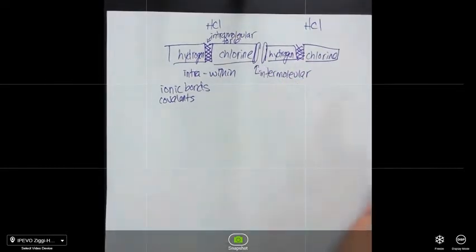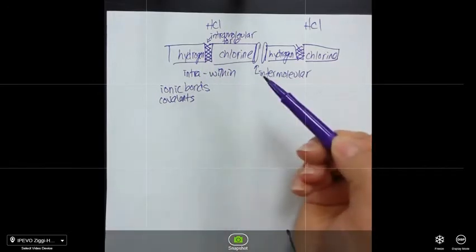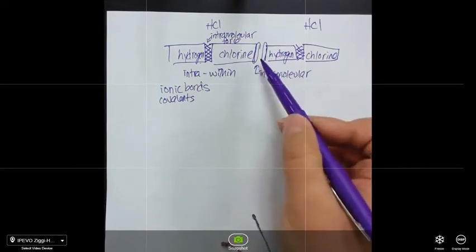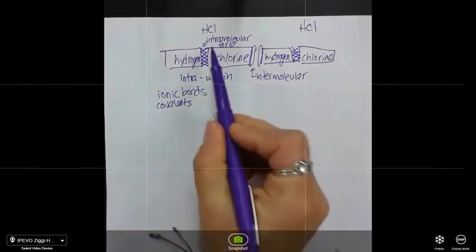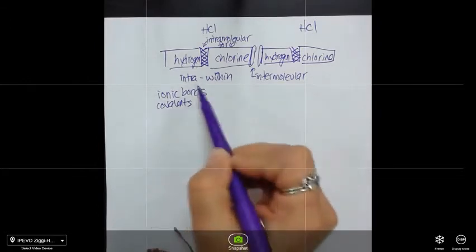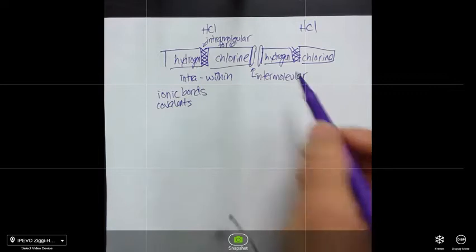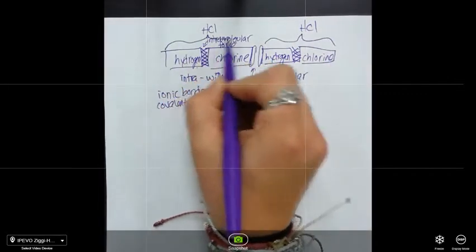Velcro, you can just rip apart. The sewing, once it's done, it's going to take a lot more energy to break that bond apart, whereas the intermolecular force might not necessarily be too difficult. So this is my little analogy to kind of show you the difference between an intramolecular force, which are like the ionic bonds, covalent bonds, and the intermolecular force, which is the force between this molecule and this molecule.